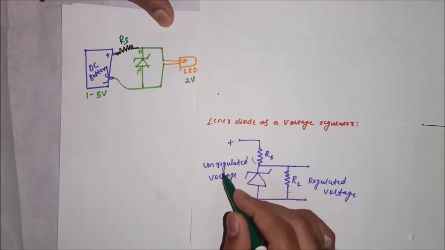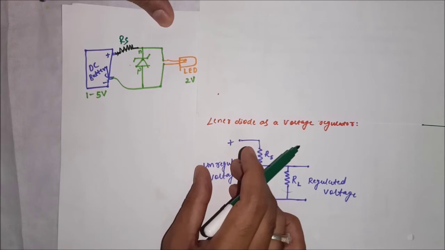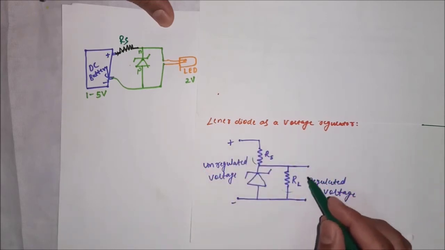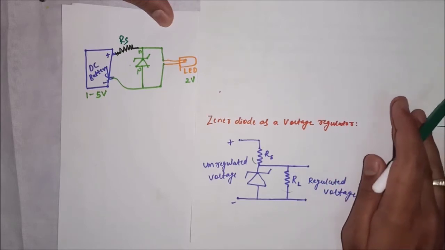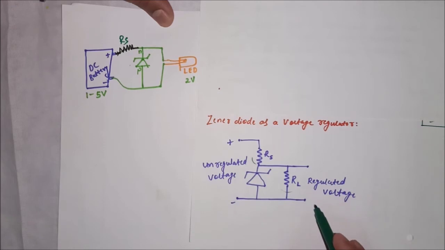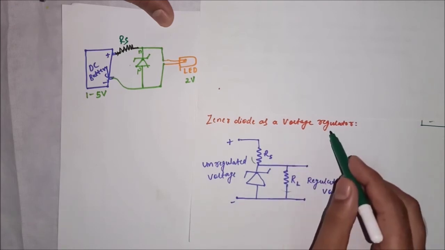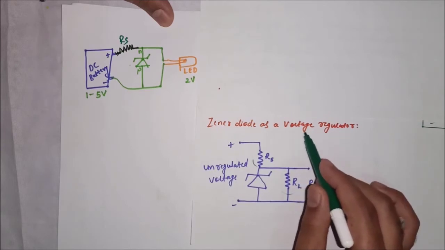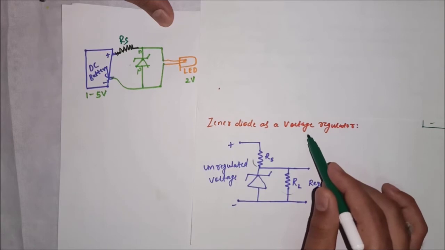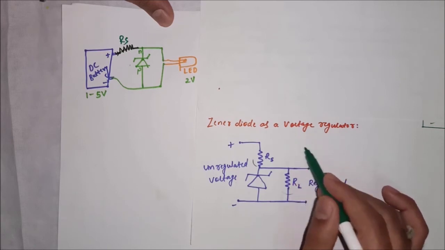Unregulated means the fluctuation is there, and this fluctuation should be removed to make it unfluctuated, that is, regulated voltage. This conversion of unregulated voltage into regulated voltage is called a voltage regulator. An example of a voltage regulator is the stabilizer we use in our home to protect the TV, the AC, the fridge.